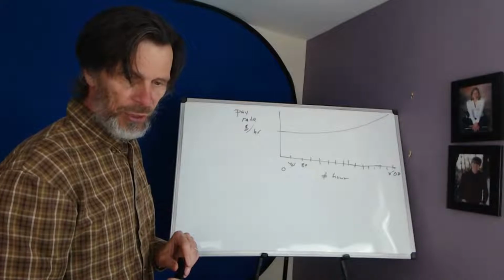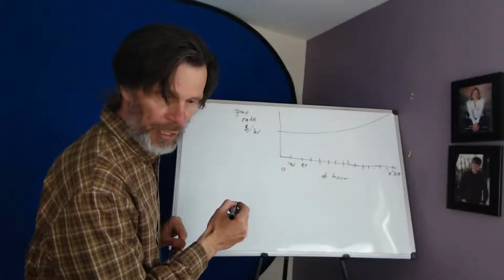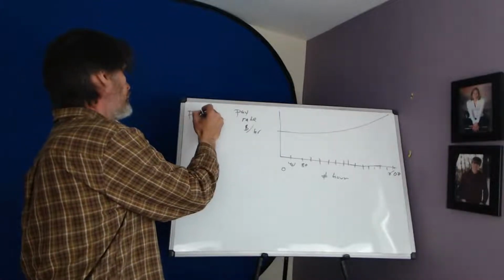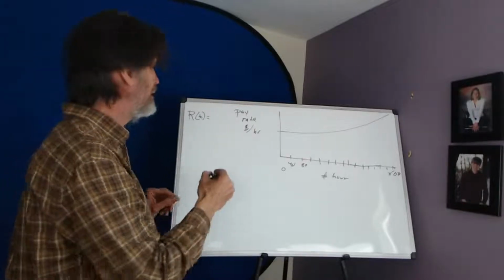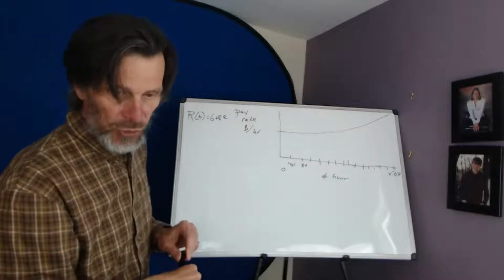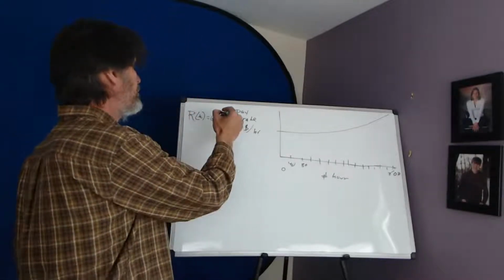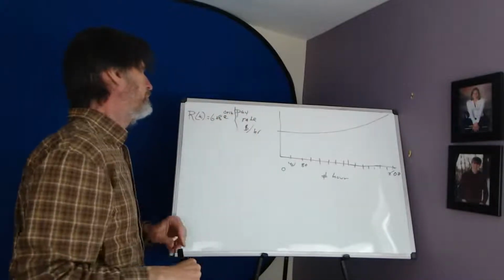Find the initial pay rate. I'm going to write the formula. R of t is the pay rate, and it's 6 plus 8 e to the 0.01t.